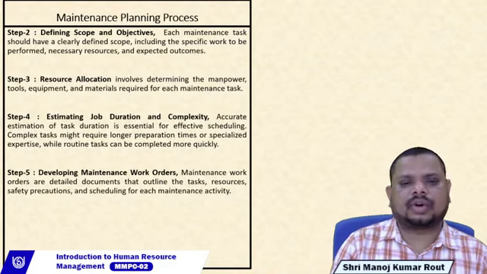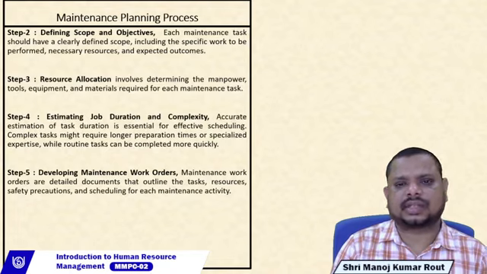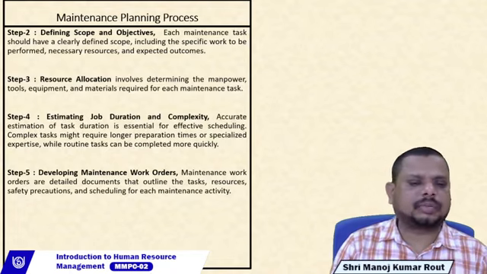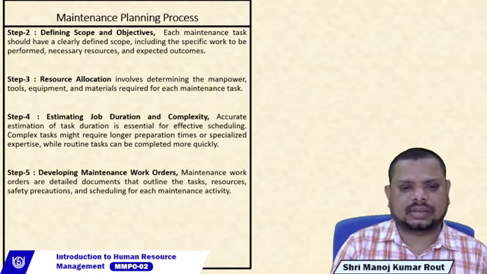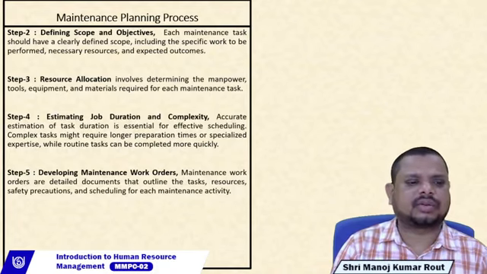The next step is estimating the job duration and complexities. Whenever you perform maintenance tasks, accurate estimation of task duration is essential. You should not spend years maintaining a motor or a gear, as that directly affects maintenance expenses. So task duration is essential for effective scheduling.